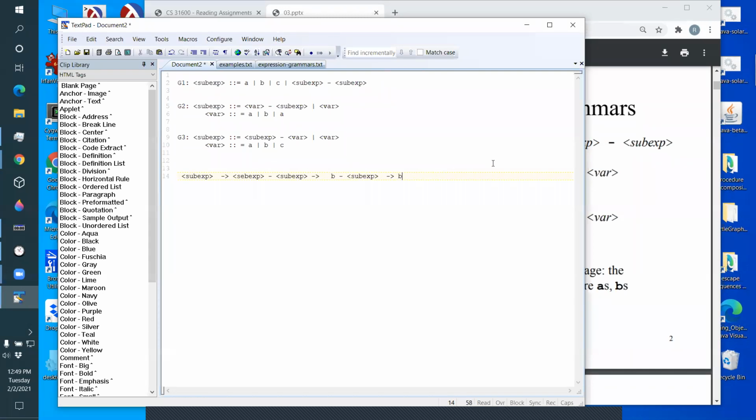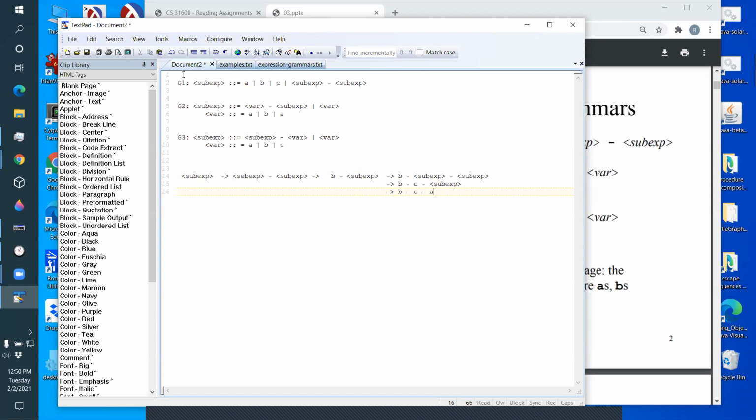I'll use the same rule again, and turn this sub-expression into a C, and I'm still left with the other sub-expression. If I want, I could turn it into another one of these and keep building up a longer and longer chain, or I could just say it gives me B minus C minus A. I'll stop there because these things don't go any further.